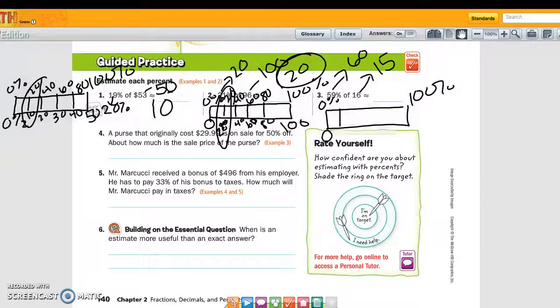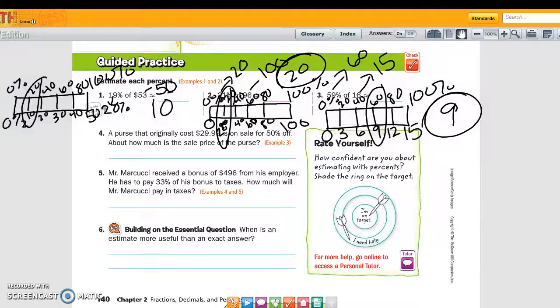So to get to 60, I'm going to count by 20s here. 20, 40, 60, 80. So I want to know right here at this one. And then we'll be at 15 right here. So let's see. We're going to count by 3s. 3, 6, 9, 12, 15. Our answer is going to be 9 because that's what is by 60%.